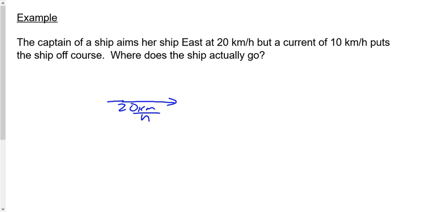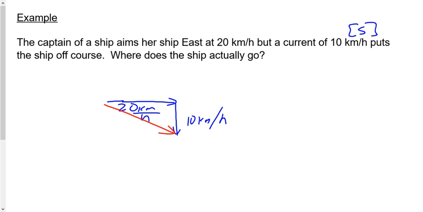Okay, let's say the current is to the south. We're adding the two vectors together that contribute to where I go. The resultant vector is where I go. So we're aiming to the east, but yet there's a current to the south. Where does the ship actually end up going? It goes down here, the resultant vector.